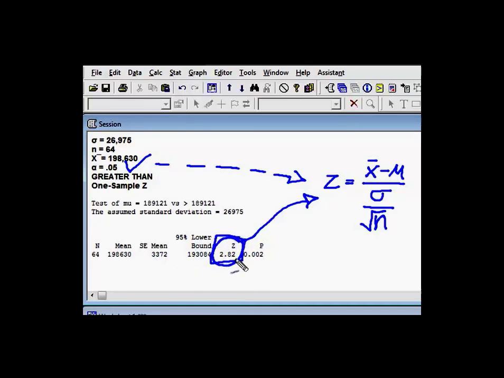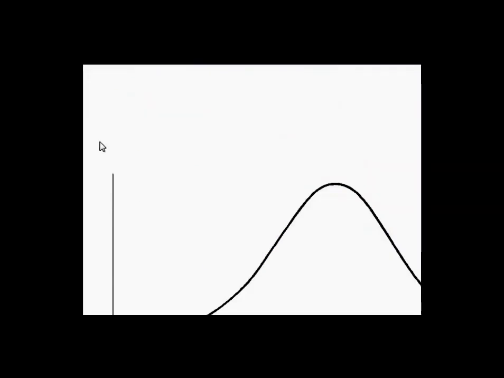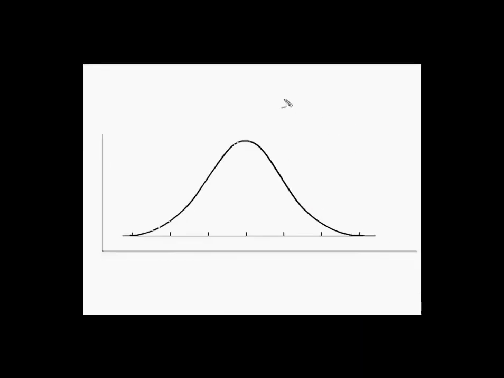So that's what we're going to do right now, is I'm going to drag this z-score or test statistic of 2.82. I'm going to throw it on a normal curve, and I'm going to show you how to test using a critical value method. All right, so here I am back at my normal curve.